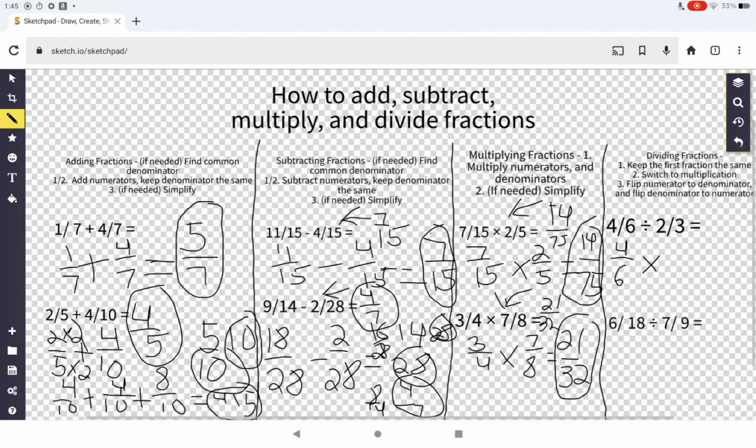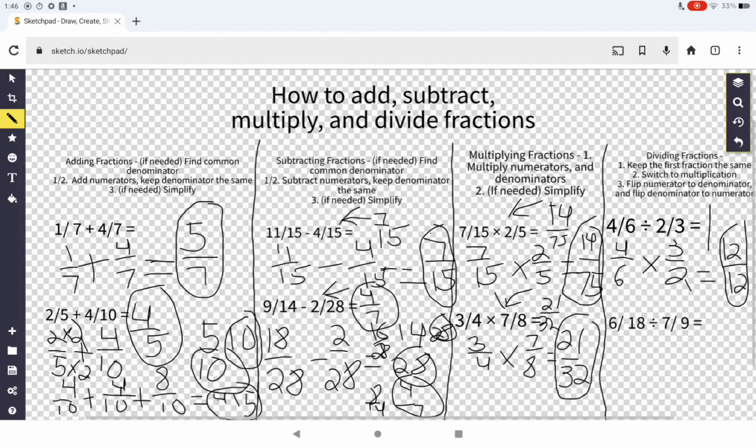So we do 3 over 2, and then you just multiply. So 12 over 12, and 12 over 12 is 1 because the numerator and denominator are the same. So we get 1.